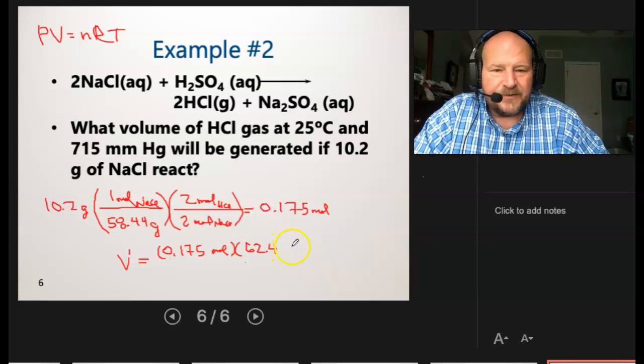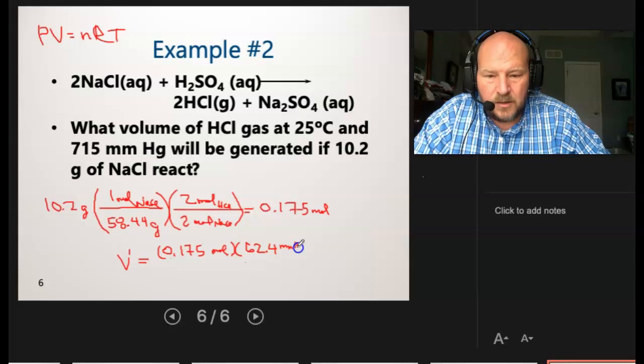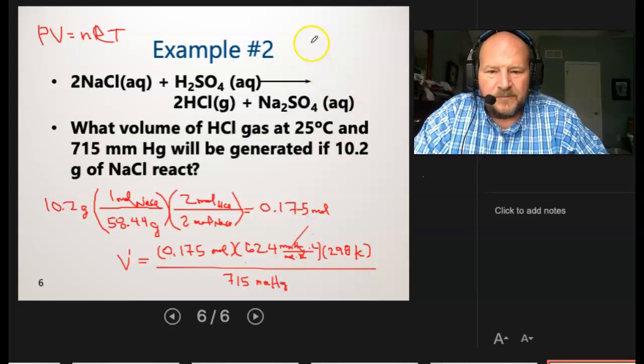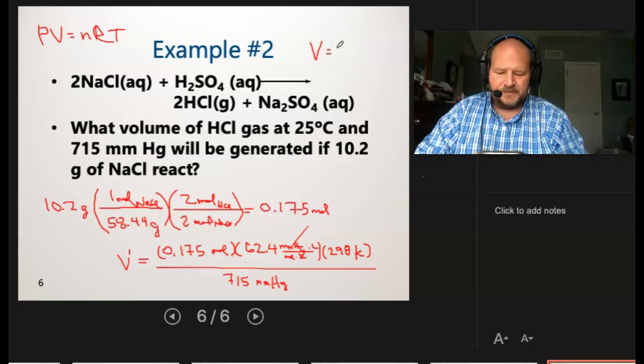That's going to be millimeters of mercury times liter divided by mole Kelvin. 25 degrees C, which is going to be 298 Kelvin. And now I'm going to divide all of that by 715 millimeters mercury. So my volume now will be in liters.